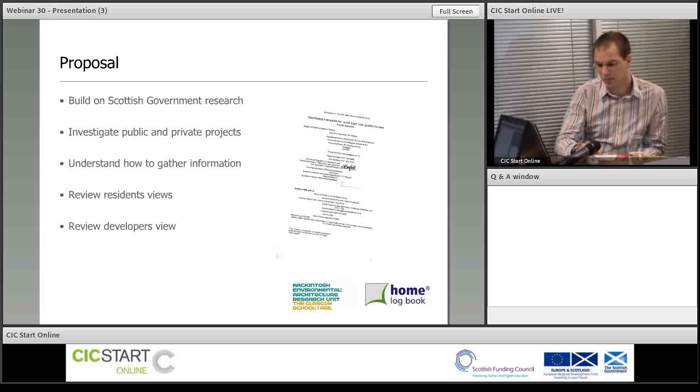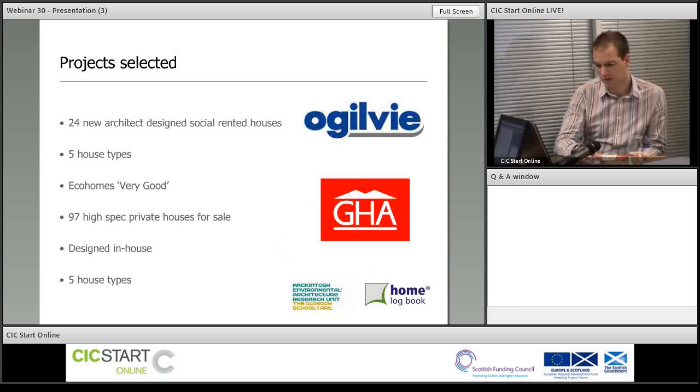So the proposal was to build on the Scottish Government research, investigate public and private projects, understand how to gather the information and what the issues are with gathering that information, review and survey the residents' views, and also review and survey the developers' views on these templates.